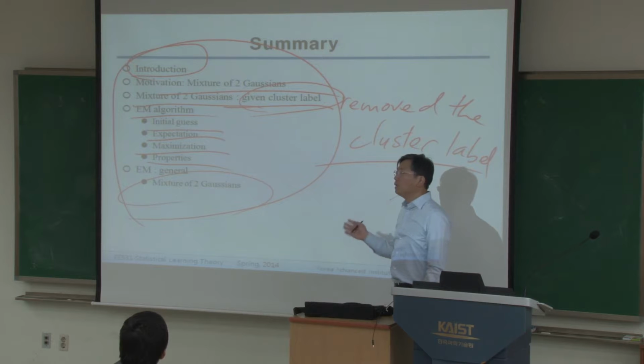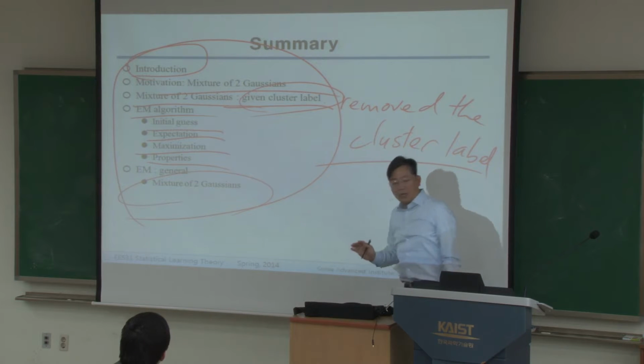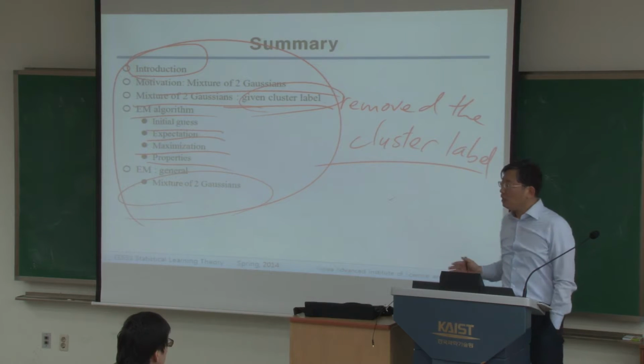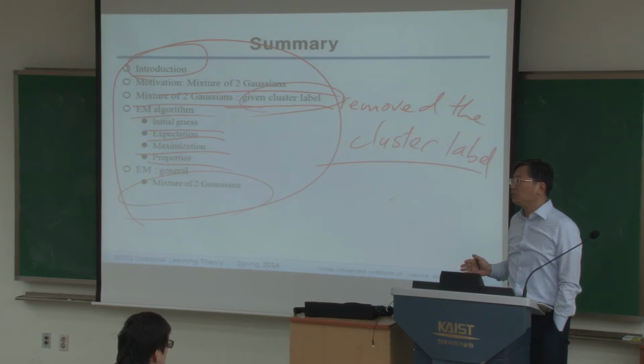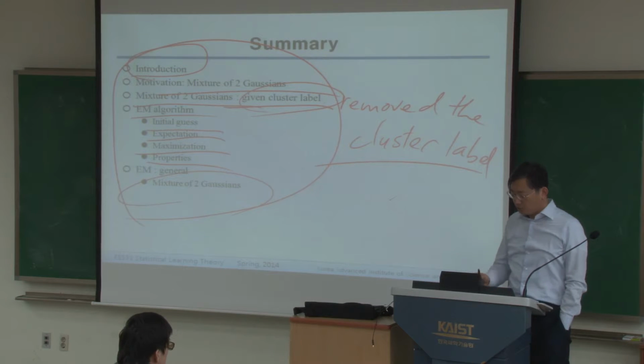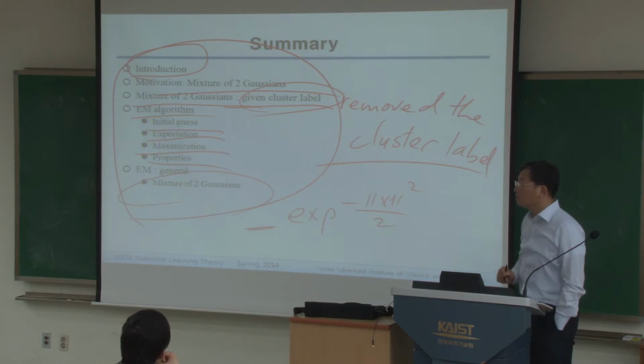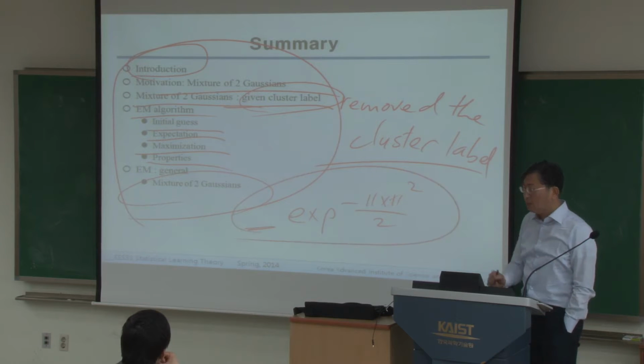But in K-means, usually you do Euclidean distance. Okay? Nearest. What if I do a Gaussian on the clusters, and I use this type of thing? This Gaussian has this normalizing thing.